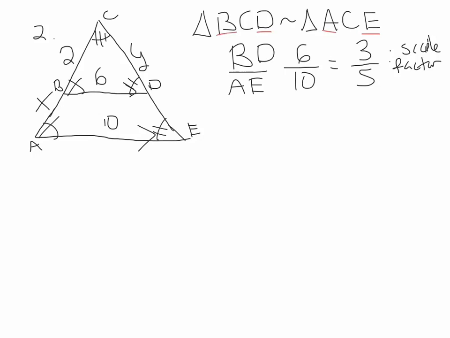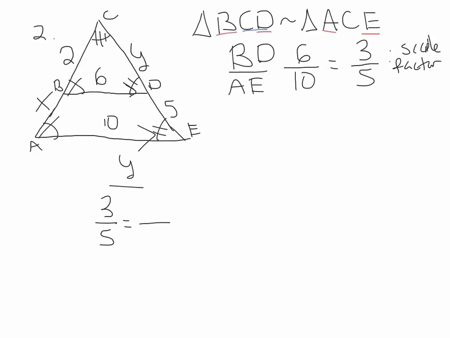So I want to solve for y first, and let's add in a length I left out. That should be 5, so let's add in 5 there. So let's use the ratio 3/5. And y is CD.